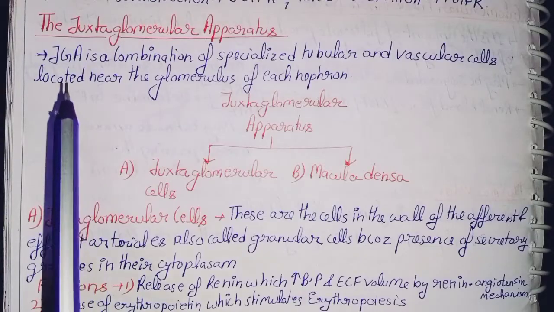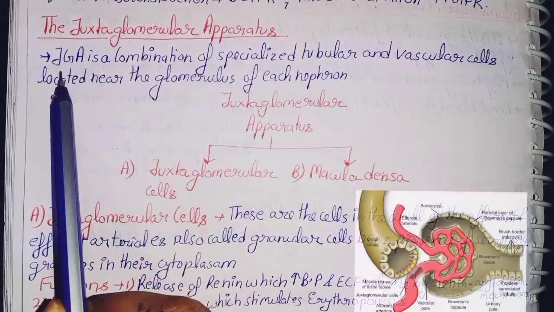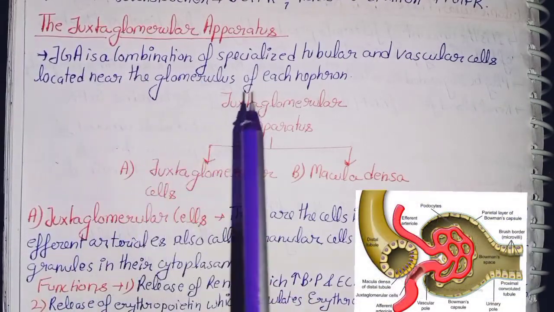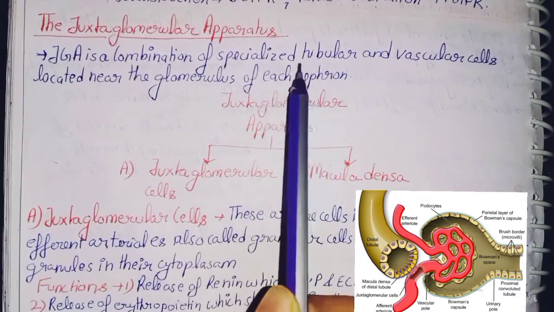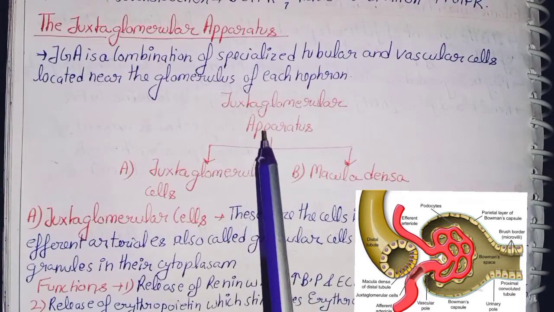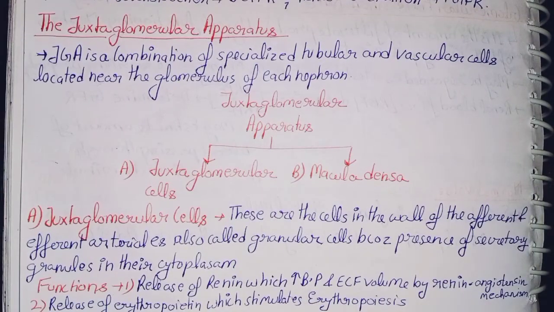Now coming to the juxtaglomerular apparatus. So what is JGA? The JGA is a combination of specialized tubular and vascular cells located near the glomerulus of each nephron. It consists of juxtaglomerular cells and the macula densa.